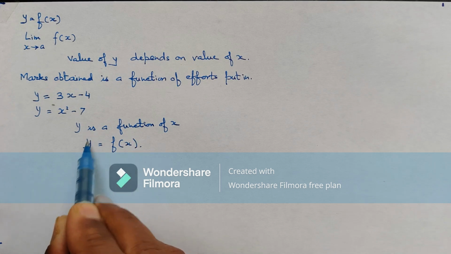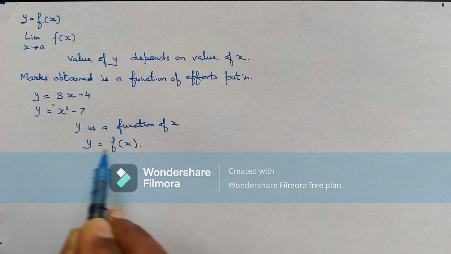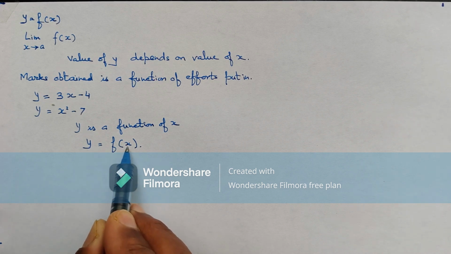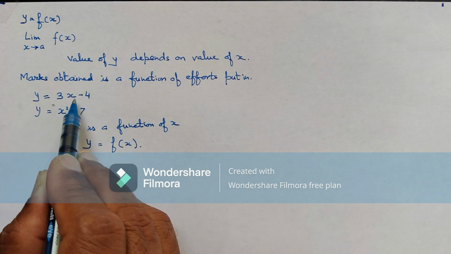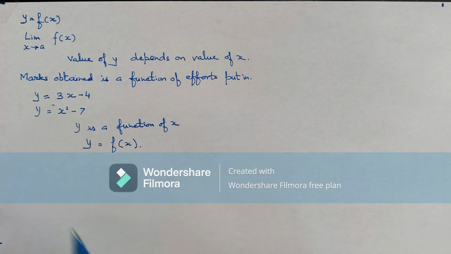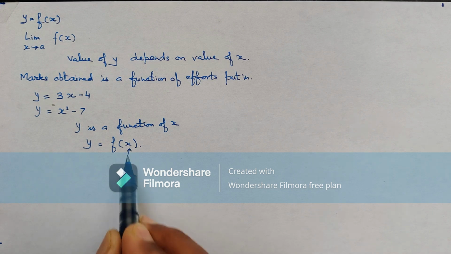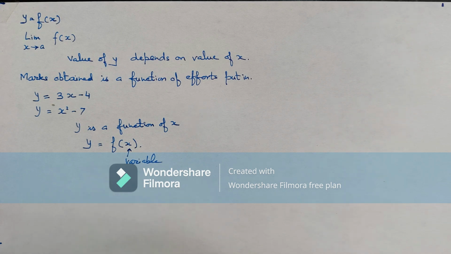This statement does not say what is the exact nature of the functionality. It says y is dependent on x. It doesn't say what will be the value of y once x is known. However, these are specific examples of function y being dependent on variable x. x is normally referred to as the variable of the function y.